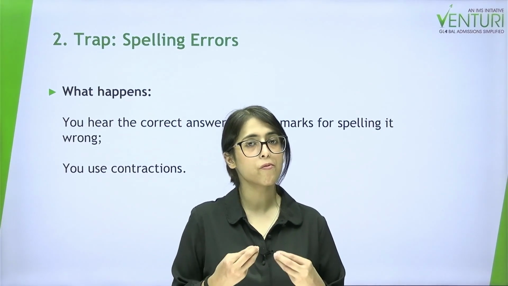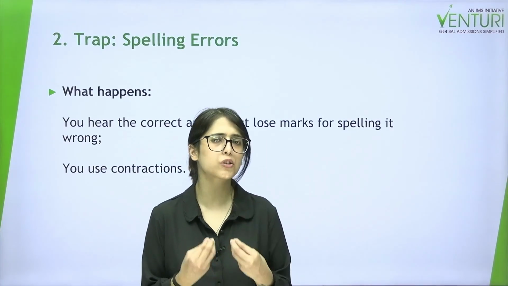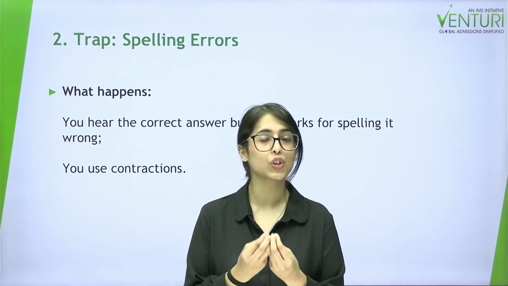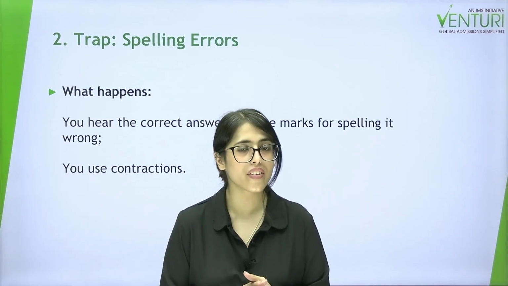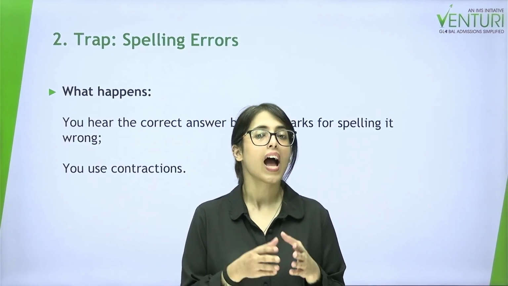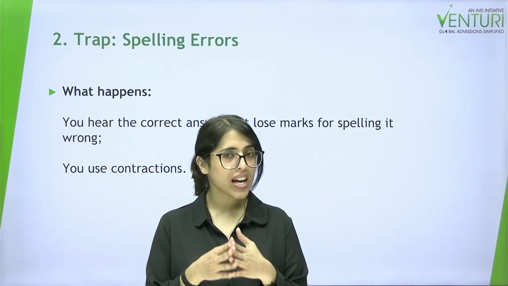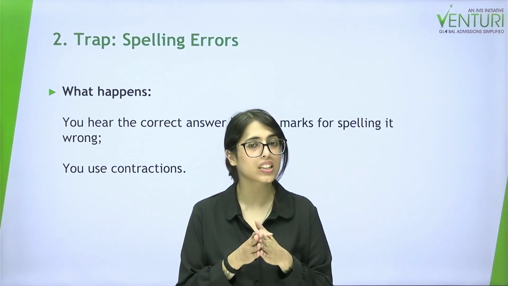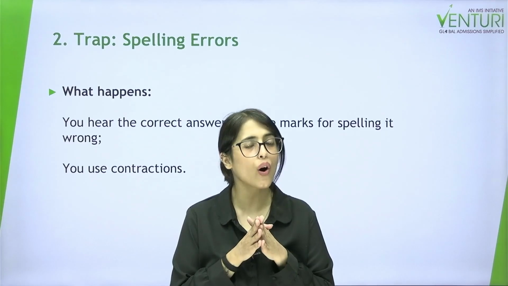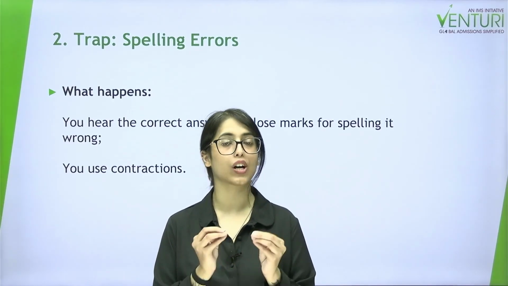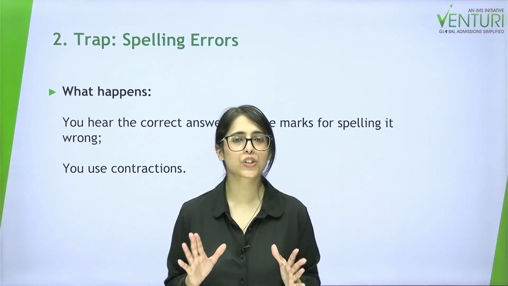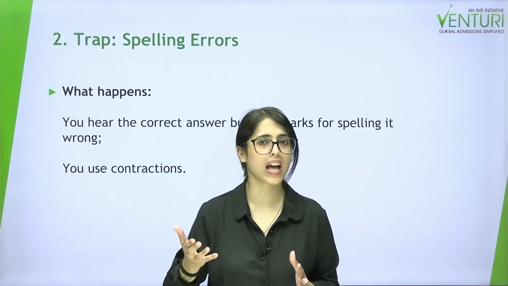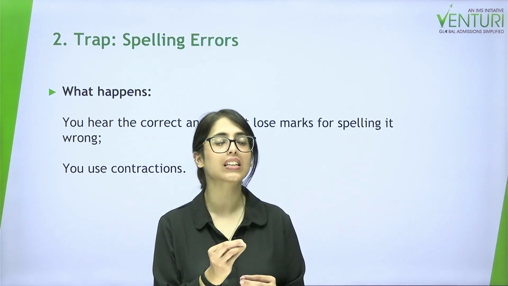So there would be some words which are a little difficult to spell, but you will always see that on the IELTS examination they will give you something of that sort as proper nouns. And the best part about the proper nouns on the test is that they will always be spelled out for you by the speaker of the audio. So you don't need to take a lot of stress for that and just follow the spellings that the person is dictating.